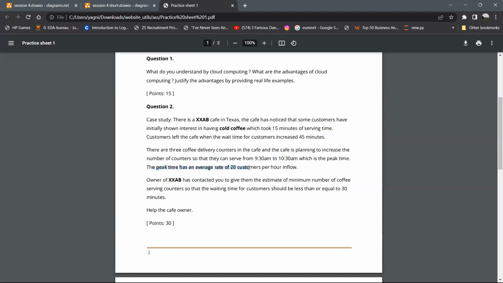At the peak time they have 20 customers. The owner has contacted us and wants to know how many coffee counters he will need so that the customer waits less than or equal to 30 minutes.